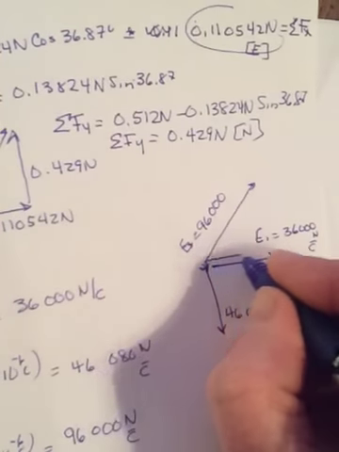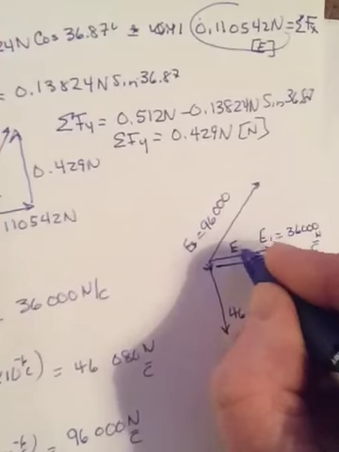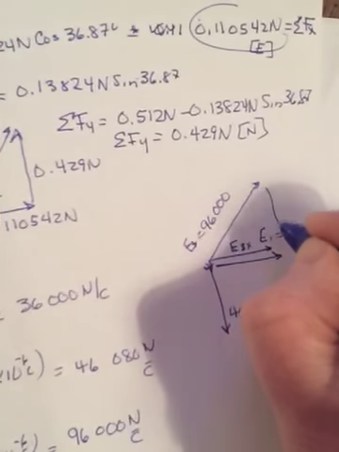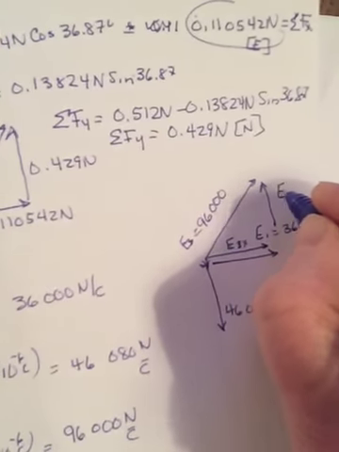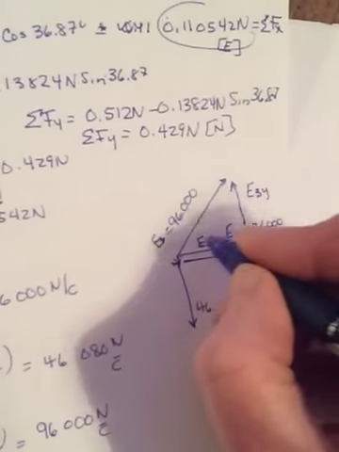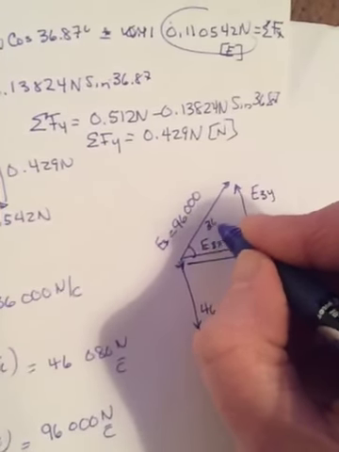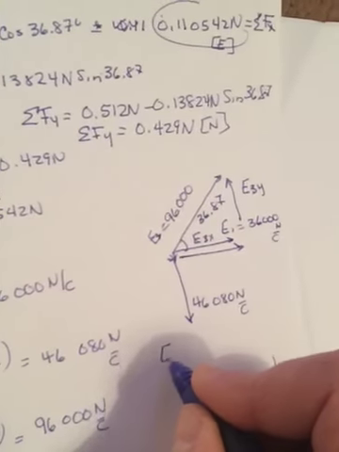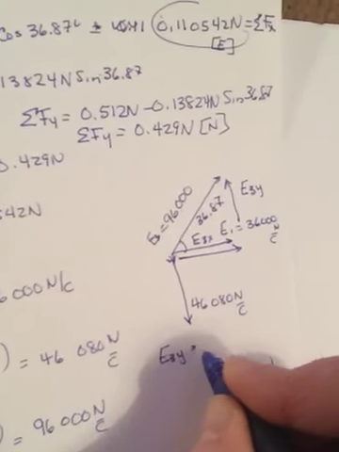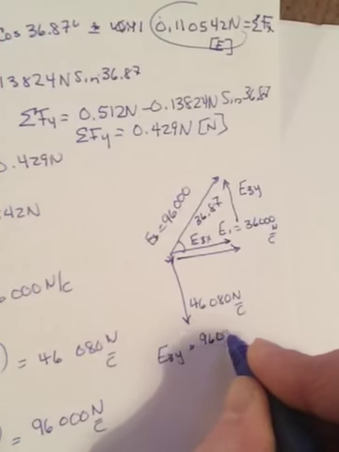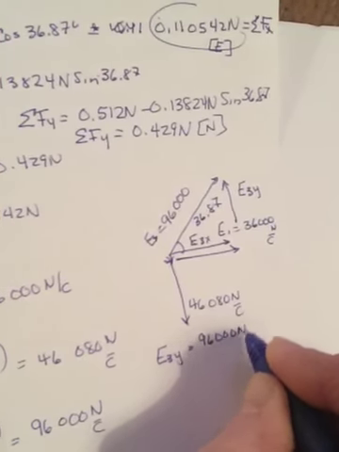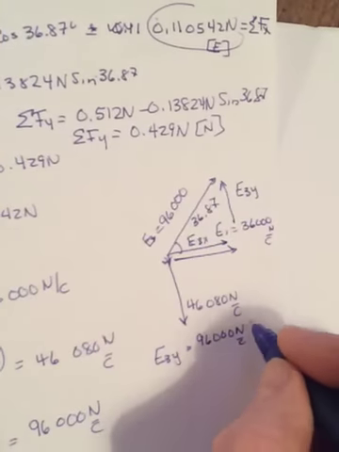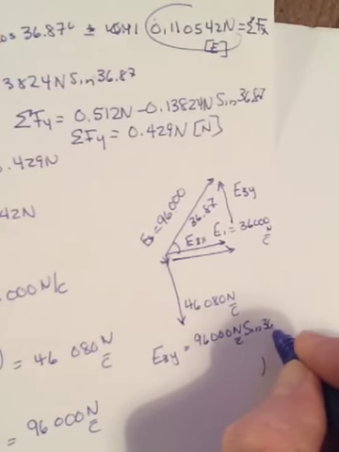And so there's an E3X, and of course I labeled my E1 right in the way, and an E3Y. And this is 36.87. So Y is going to be sine. E3Y is going to be 96,000 newtons per coulomb, and that's going to be sine of 36.87.